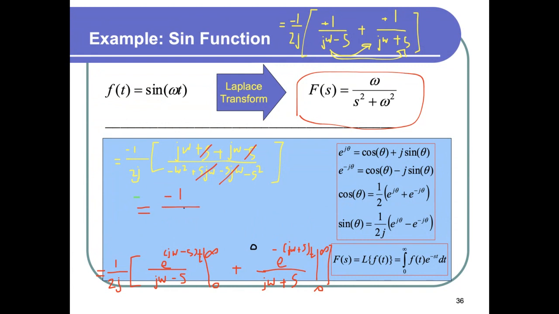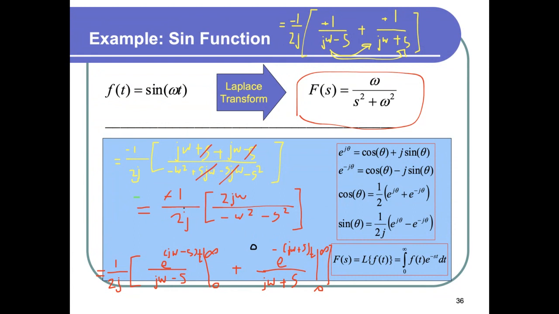Now, this is equal to what? Minus 1 over 2j, then we have 2j omega, I'm adding two together, over minus omega squared minus s squared.